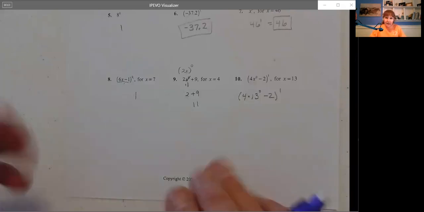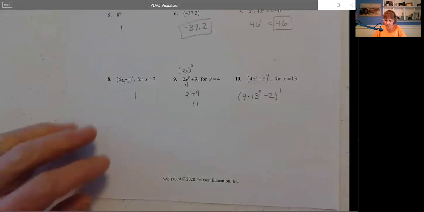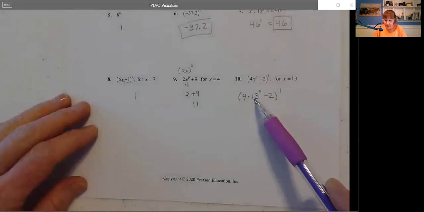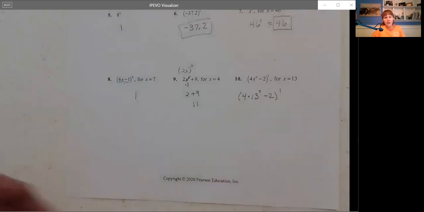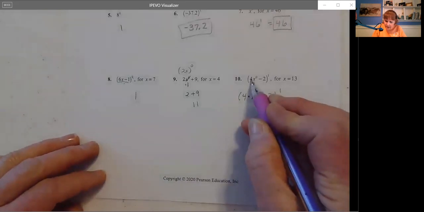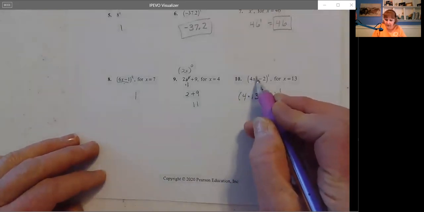Okay, I had to pause it for a second, so I had to figure out where I was. So we put 13 in for the x, all right? And you do follow the PEMDAS. We don't have any x's, so we don't have to worry about like terms. But we do powers within the parentheses. And this is 4 times x to the 0.